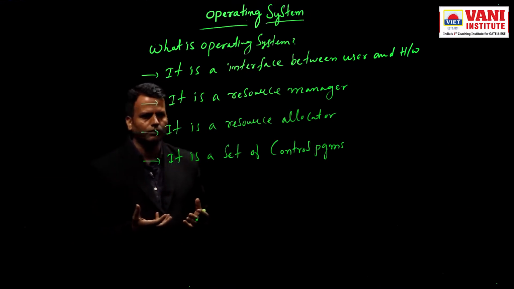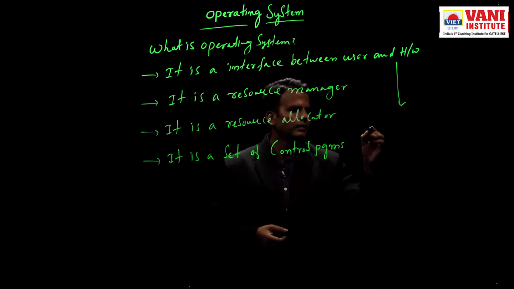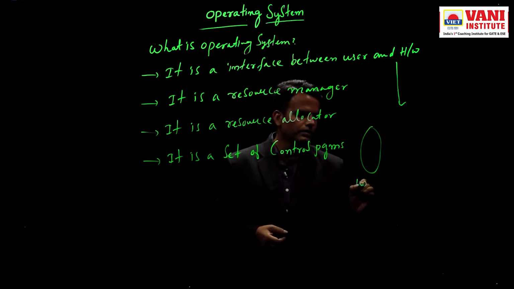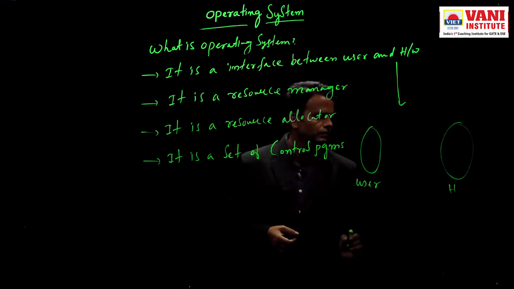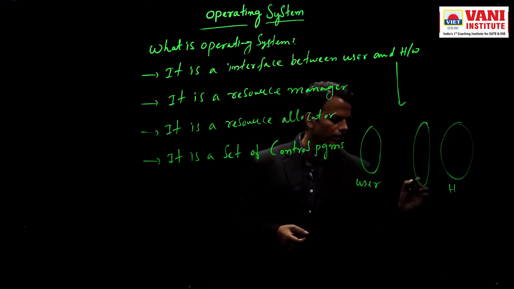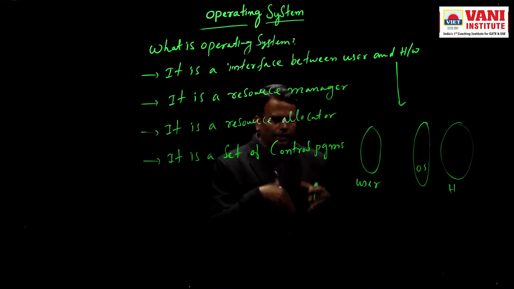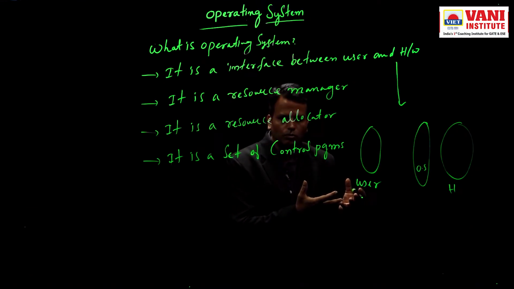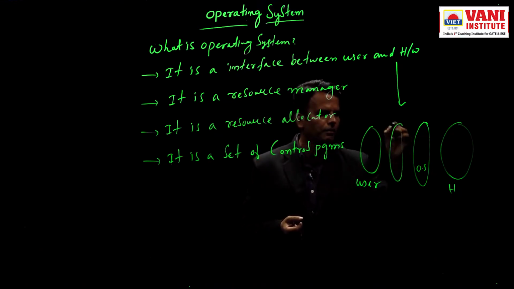Let's see what is the meaning of this one. Here user is there and here hardware. In between this hardware and user, operating system is there. Now next question is this one: are we directly interacting with the operating system? No. Then what is there? What is the one more layer between user and operating system?